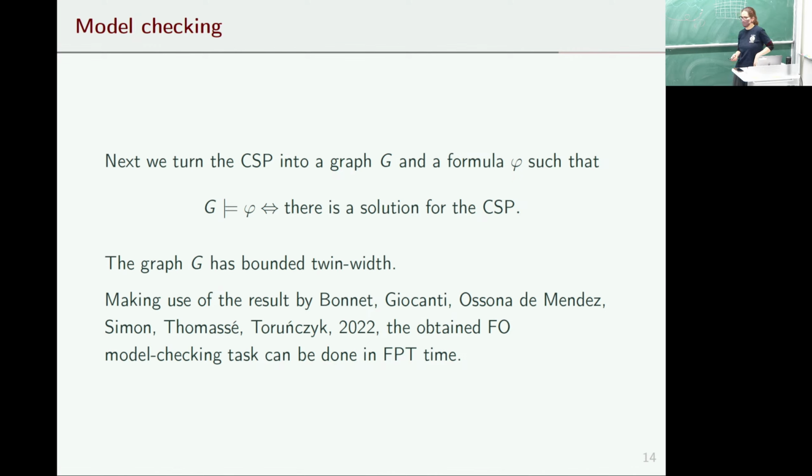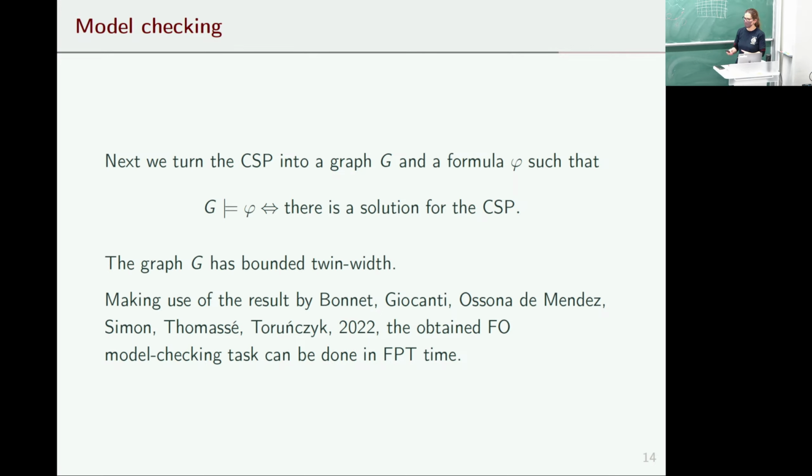As the graph now has bounded twin width, we can use the result from Bonnet, Giocanti, Ossona de Mendez, Simon, Thomassé, and Toruńczyk to prove that we can do this model checking task in FPT. I mainly don't explain the formula because it's boring. It goes through the constraints and describes how each constraint looks on the graph you get by taking the adjacency matrix.